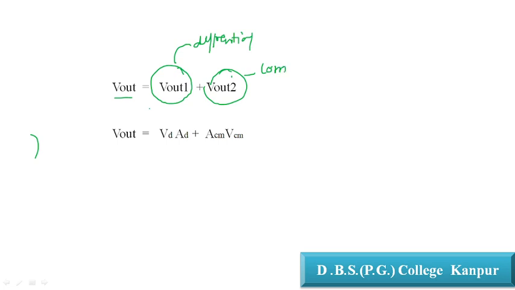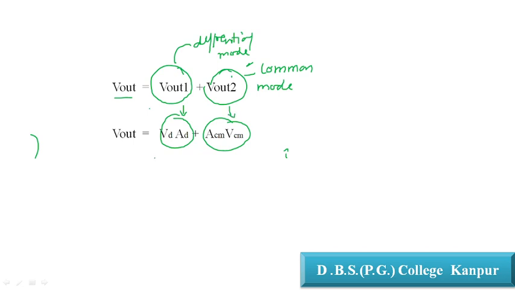The final output is Vd into Ad, the differential part, plus Acm into Vcm, that is output 2.